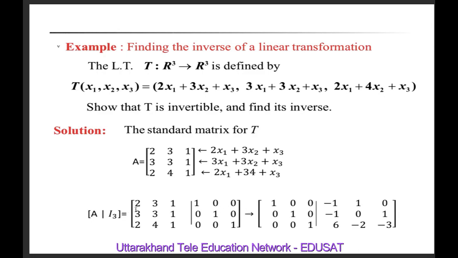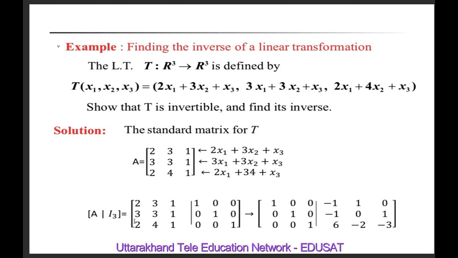So how will we reduce this to the identity matrix? I just want to remind you, this you have studied, that first of all we will make this element 1. This can be made 1 by dividing each element of the row by 2. After making this element 1, we will make the elements below it 0.